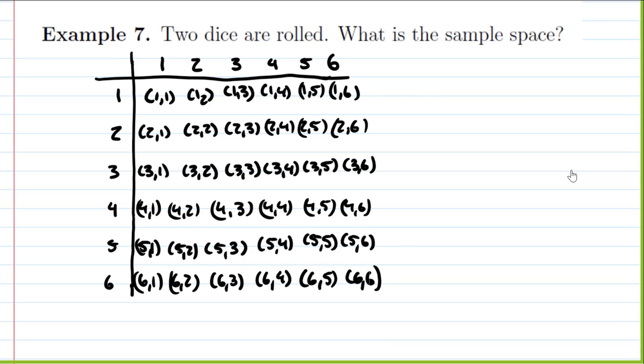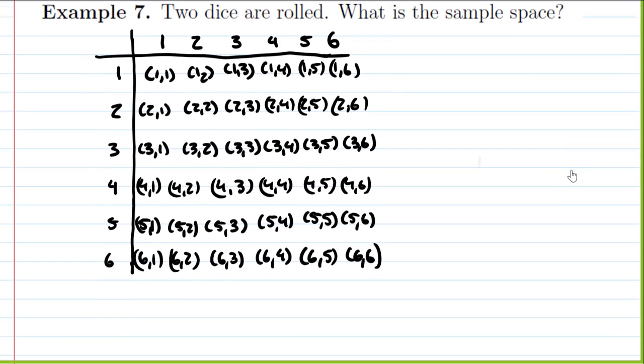So on my first die, I could roll a 1 through 6, and on my second die, I could also roll a 1 through 6, right? Okay, so in this case, I have 36 things because 6 times 6 gives me 36 possible outcomes. In this scenario, are my dice distinguishable or indistinguishable?